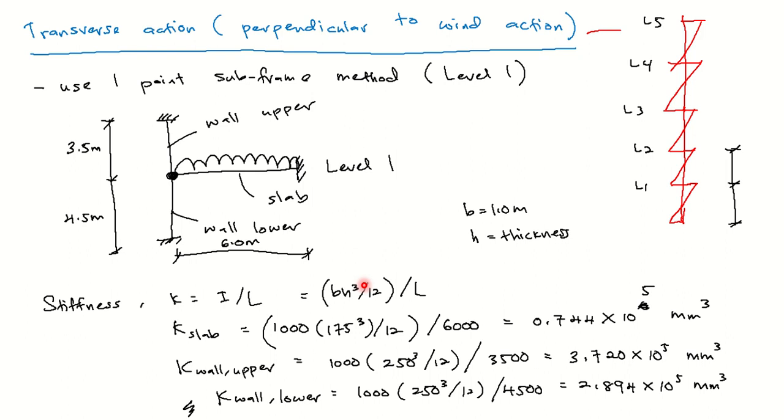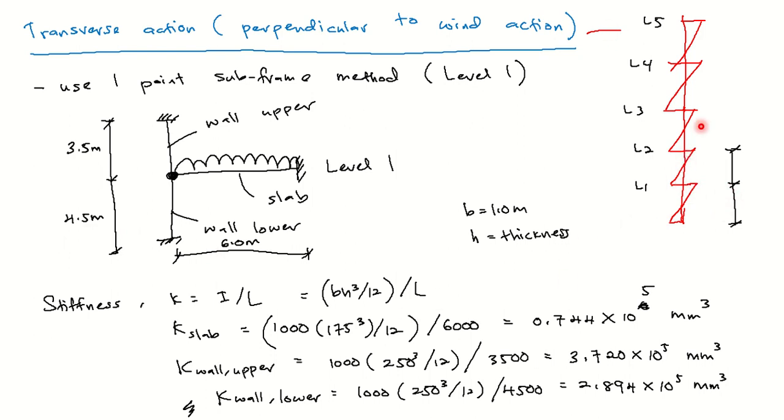K equals I over L. We have the same B, the same H, and the same L, which is the length of the slab here. So K for slab is the same, 0.744. K for wall upper and wall lower is slightly different, where for level 1 we have 4.5, and from level 1 to level 2 we have 3.5.